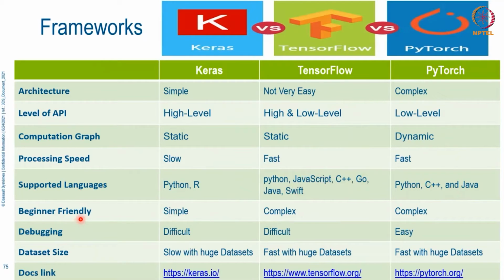Now, when we come to friendliness, as this is a simple use case API, Keras is very simple and easy, friendly to implement. While again TensorFlow and PyTorch are complex. If you go to the debugging side, Keras is used for small data sets, so no actual debugging is required from the Keras point of view.